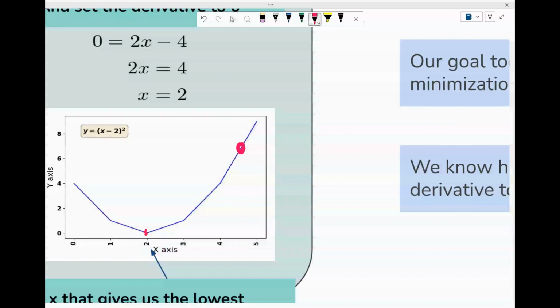And we learned that this is also the point where the derivative is 0, implying that the function at this point is not going up, nor is it going down. It's just kind of staying flat. Whereas this point, it's going up. This point is really going up. So is this point. So all these points are going up, but at this particular point, it's not really going up or down.